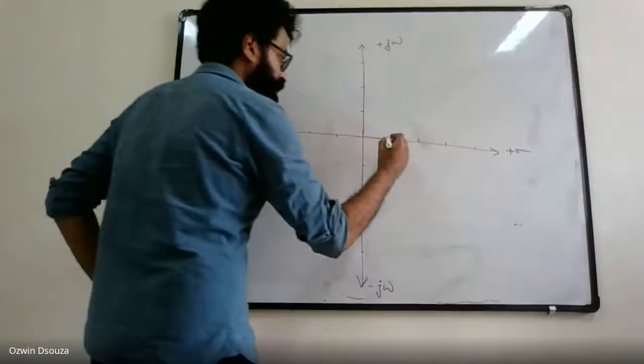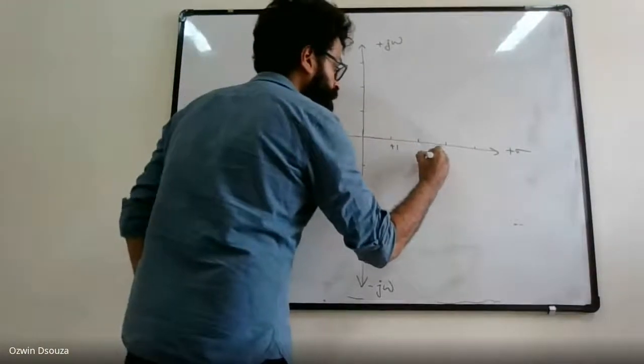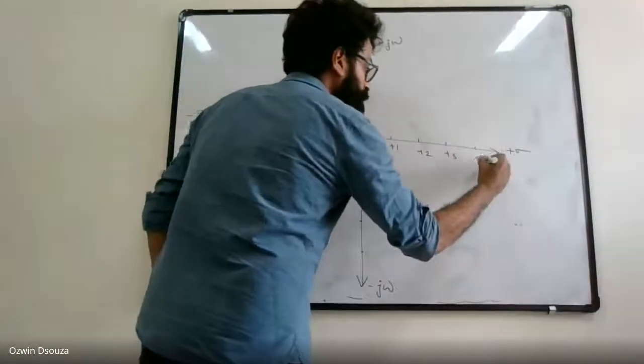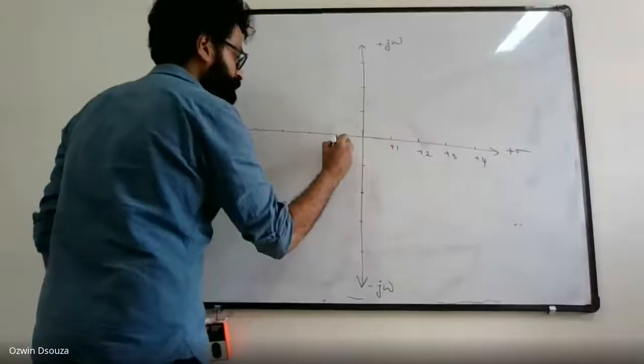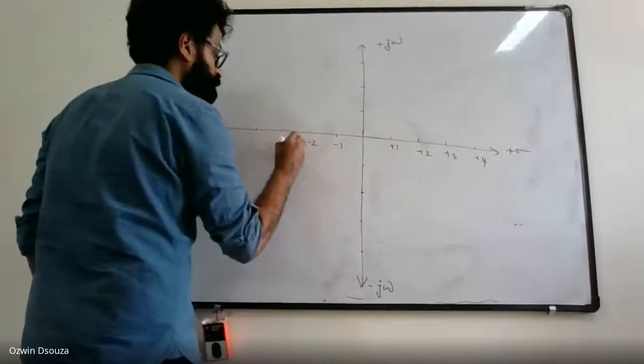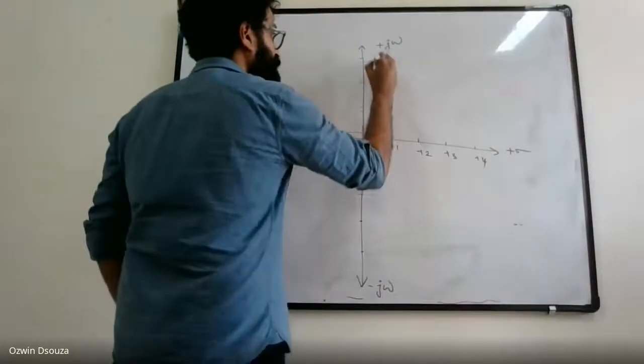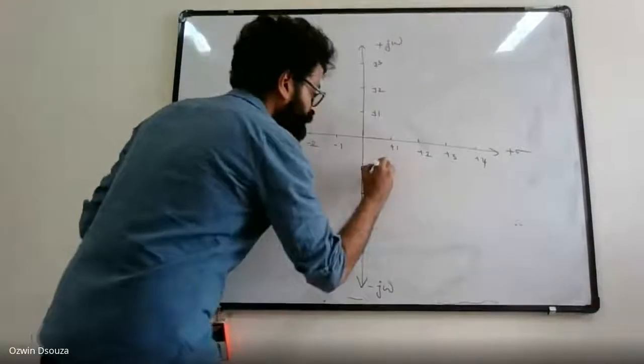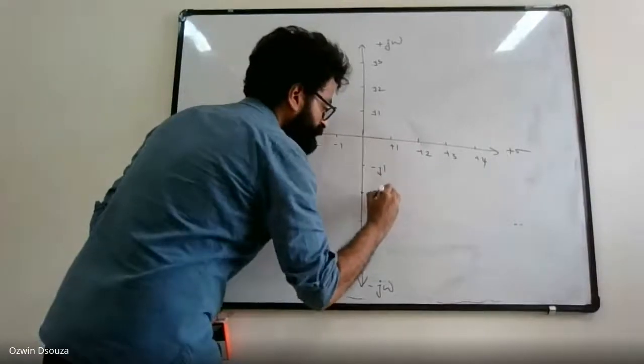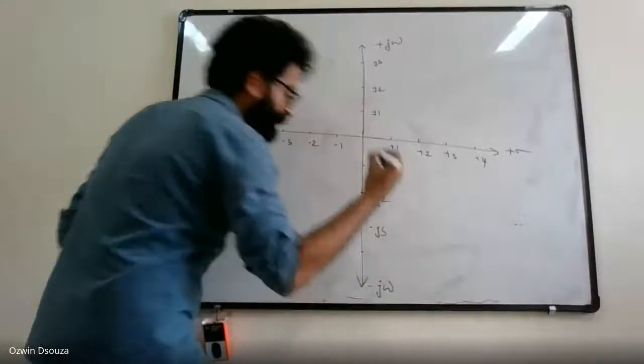Done. So that is, mark the points plus 1, plus 2, plus 3, plus 4, and minus 1, minus 2, minus 3, minus 4, j1, j2, j3, minus j1, minus j2, minus j3.